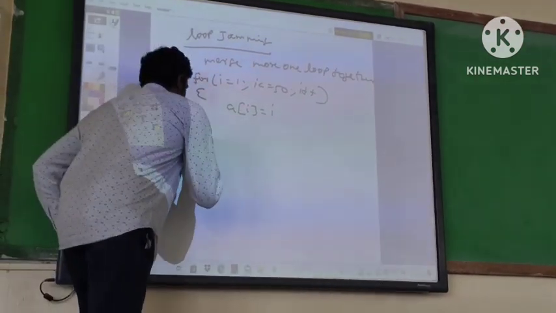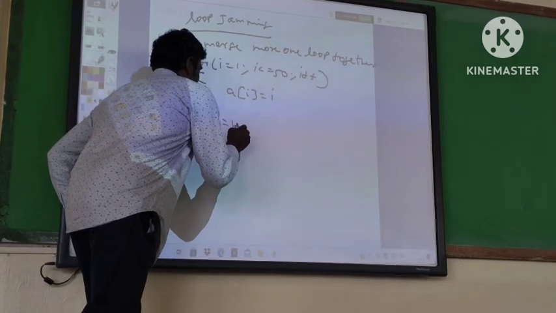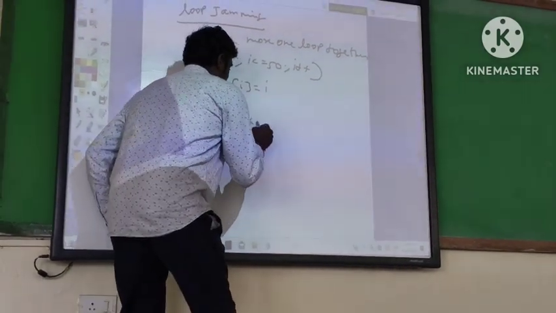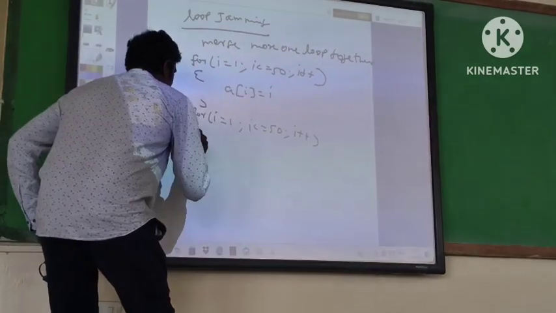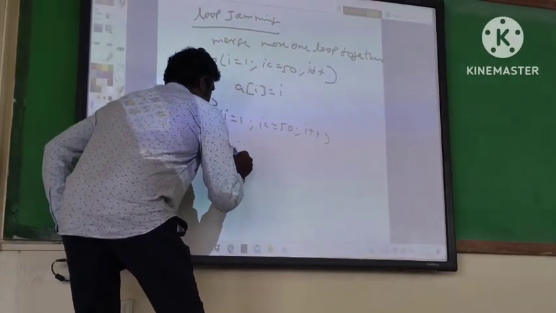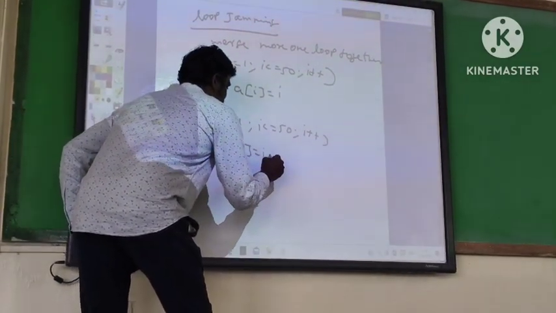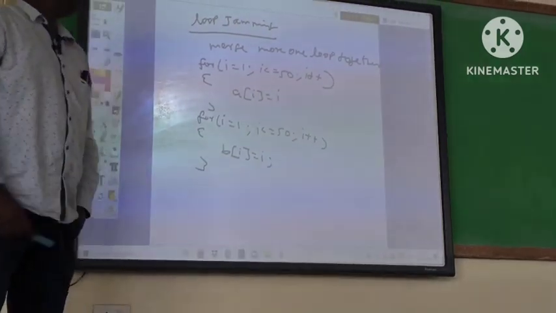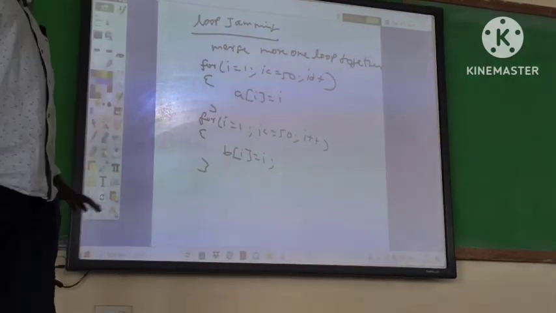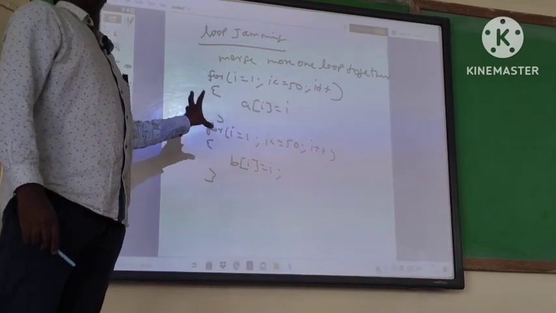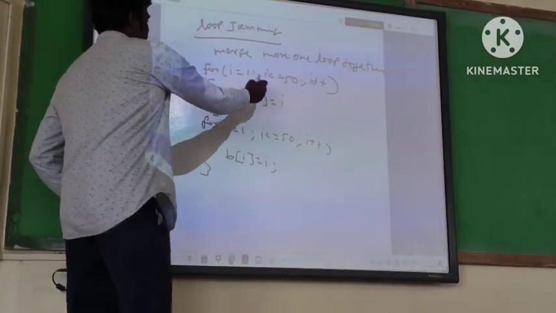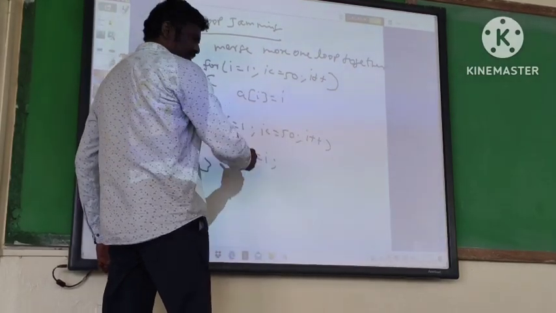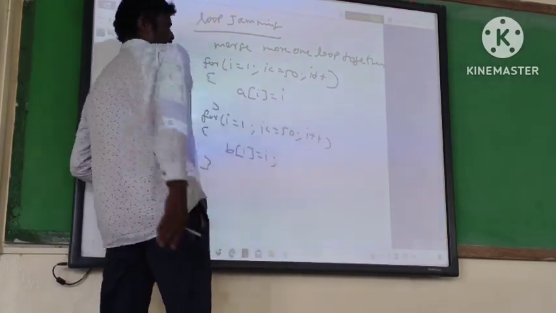Now I make another loop here, for I is equal to 1, I less than or equal to 50, I plus plus. Now I have another statement, B of I is equal to I. So now these two loops actually run in the same code subsequently. This will be executing 50 times, this will be executing 50 times, put together 100 times.